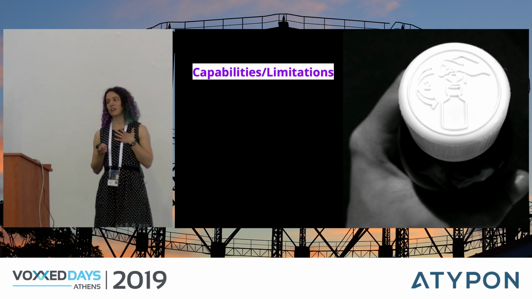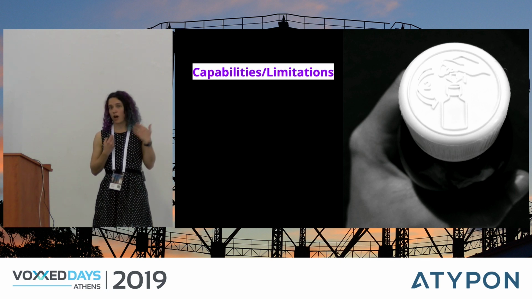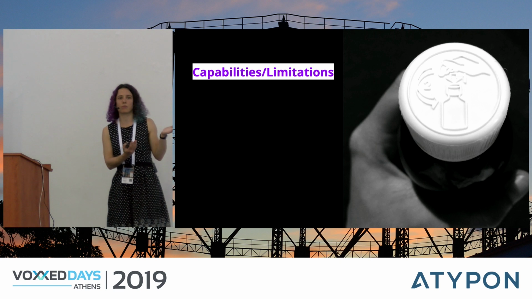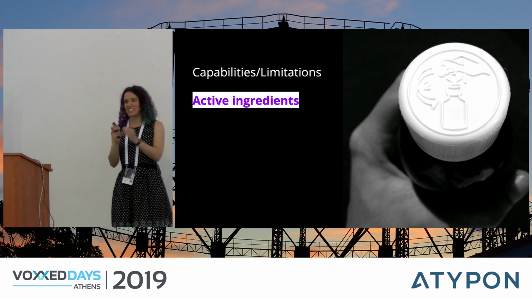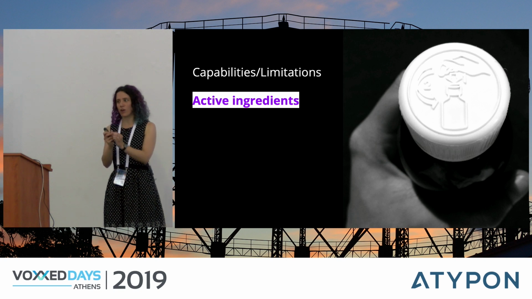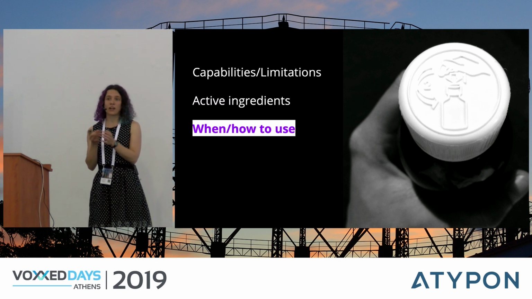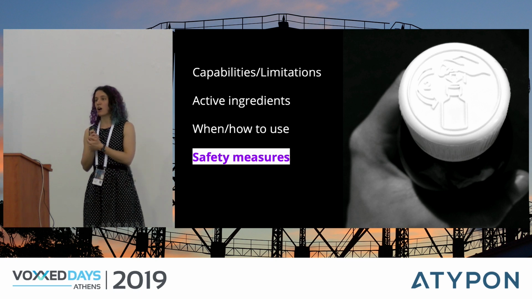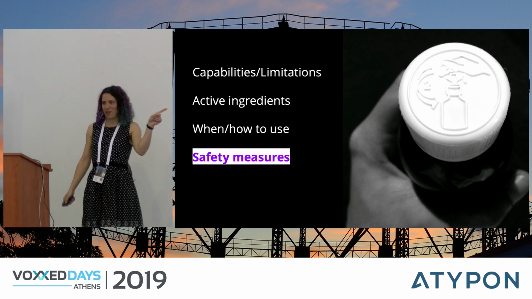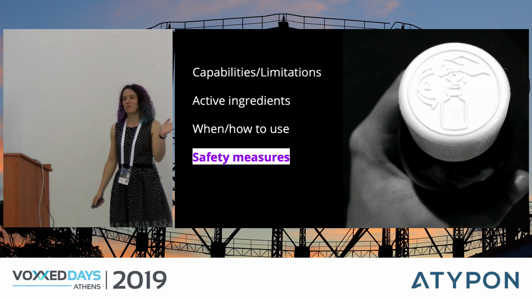They have things like, if I buy a product, I will be shown what the capabilities of that product are. What are its limitations? I'll know what the active ingredient is, the thing that makes it work. I'll know when and how I can use it, and maybe when it shouldn't be used. And there'll be some safety measures, like this cool cap to stop my children from ODing.